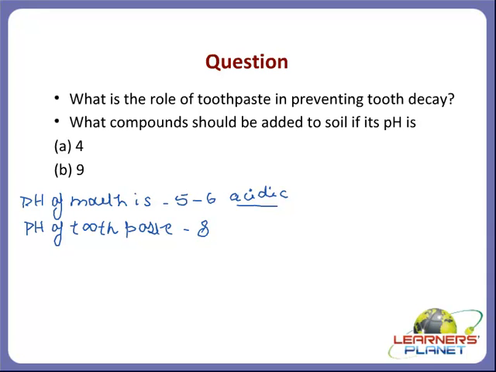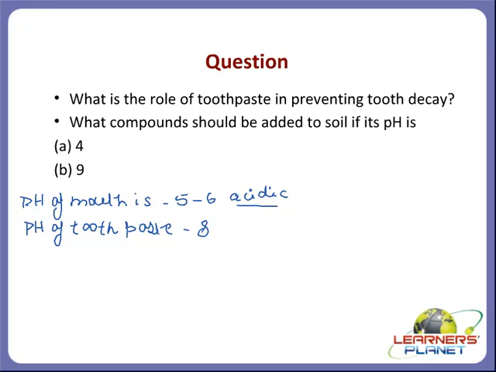After having meals, the pH of the mouth decreases, that is, it becomes acidic. So the tooth, which is made up largely of calcium carbonate, reacts with acid, forming salt. That causes tooth decay. Right, children? So this would be your answer.